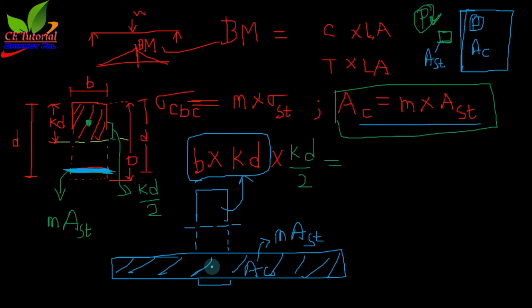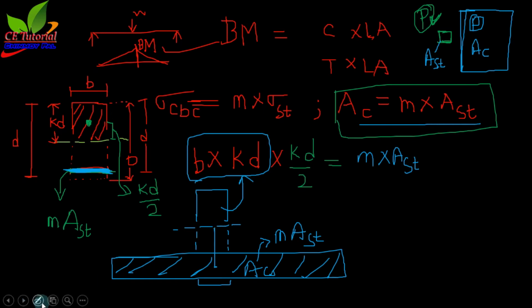Now if I take the moment, so this area is M multiplied by AST, and if I take the moment, then the distance should be the CG of this point to the neutral axis.